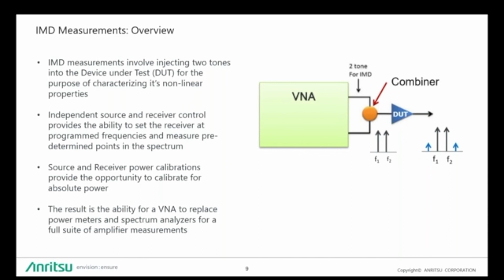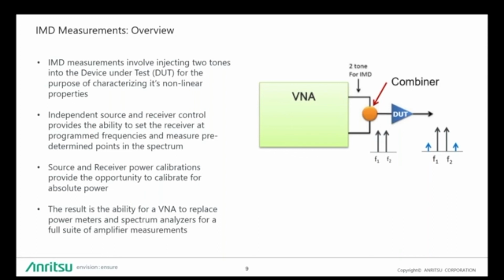Then you have to do source and receiver power calibrations. This basically means that you inject accurate tones into your device under test. The VNA has replaced things like power meters and spectrum analyzers for a full suite of amplifier measurements. It's a very useful tool when you can get a one-shot measurement.